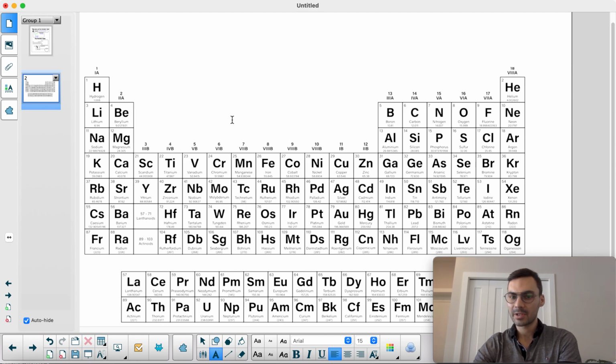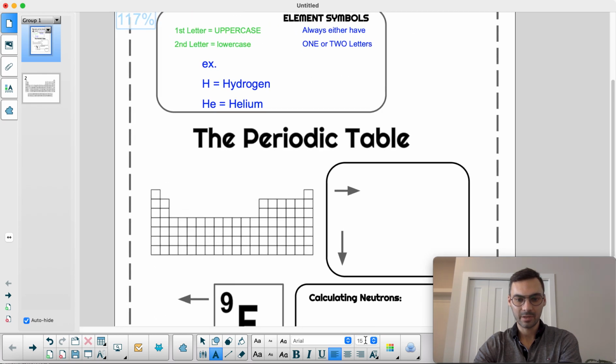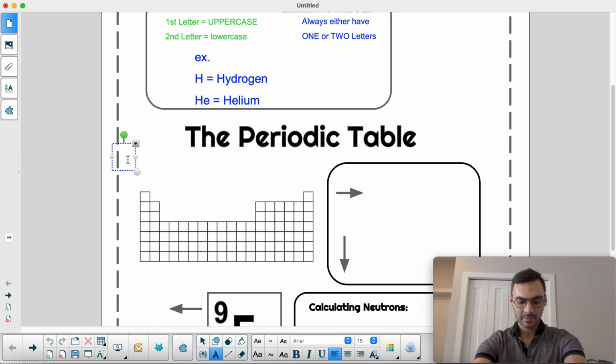So they are in a specific order, and that has to do with the size of the atom, and that is how they are arranged. So let's make sure that we got that right here. Let's say that the periodic table is arranged by what we call atomic number.